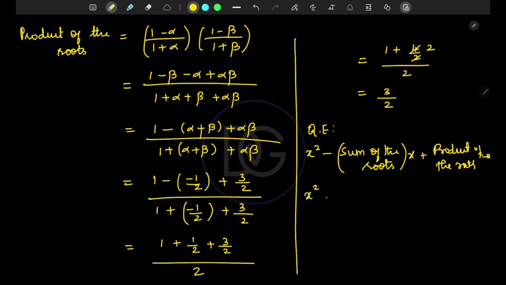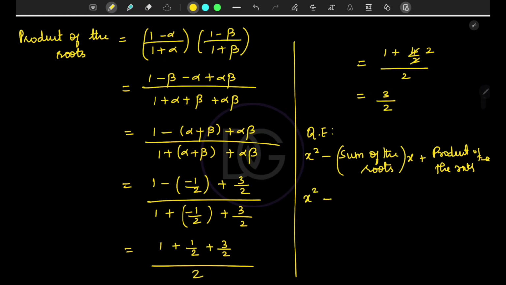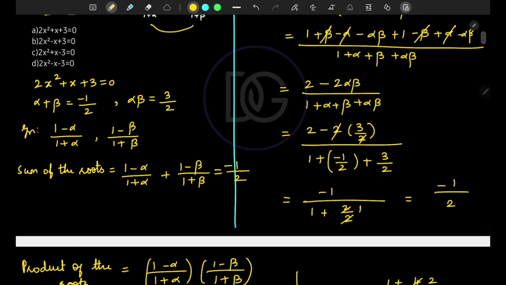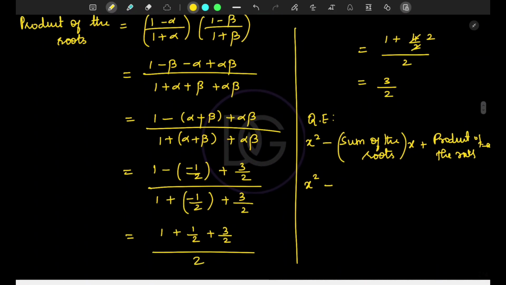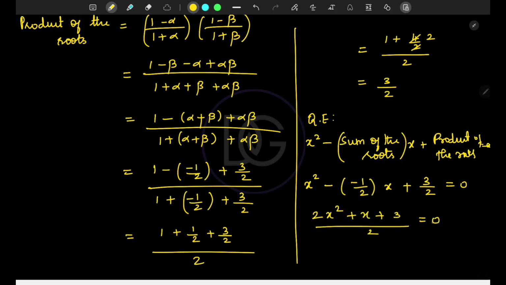So x square minus, sum of the roots is minus 1 by 2, minus 1 by 2 into x plus product of the roots is 3 by 2, equal to 0. Here 2 is in the denominator, so just write 2 as the common denominator: 2x square, minus into minus is plus x, plus 3 by 2 equal to 0.